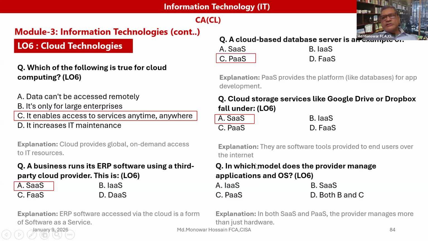In which model does the provider manage the application and operating system, the OS? Here, software as a service and platform as a service. We know that with software as a service and platform as a service, the provider manages more than just hardware.